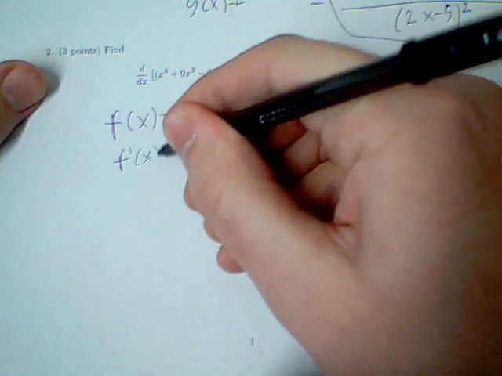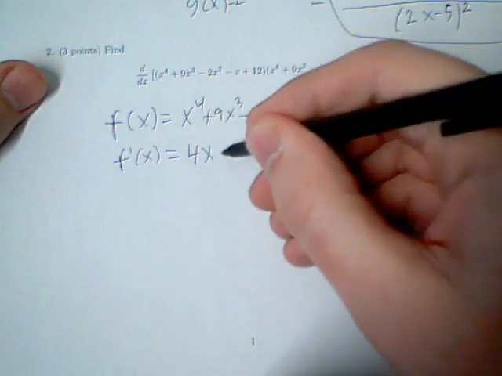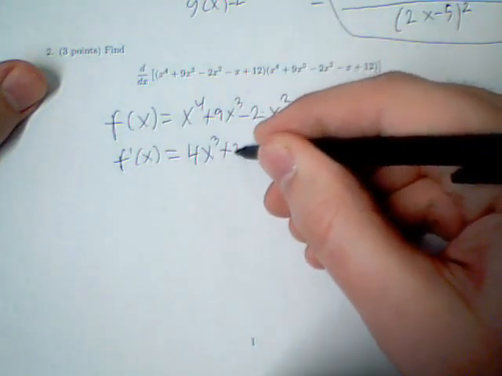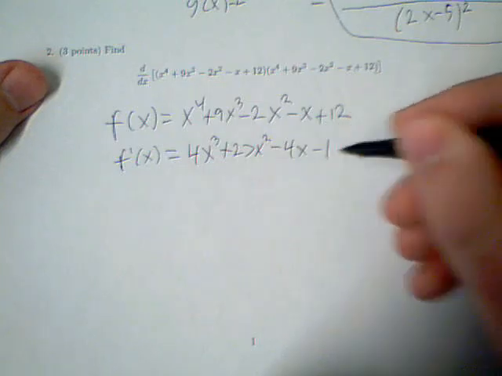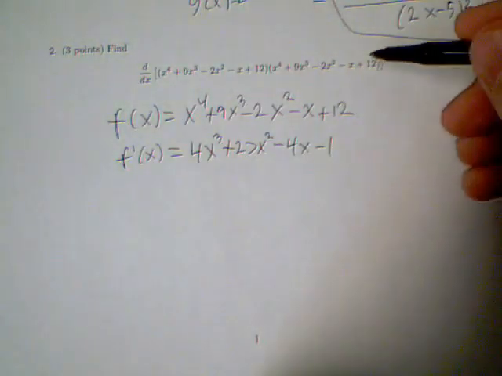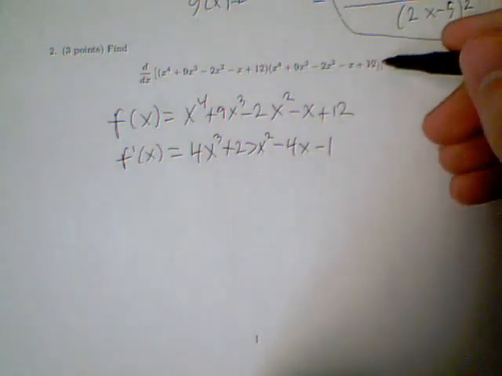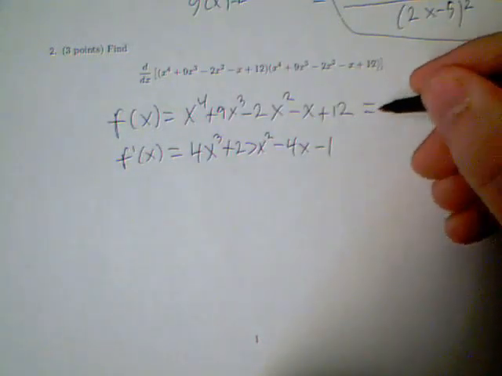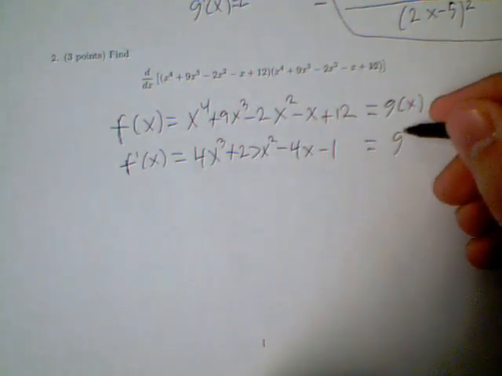The derivative is going to be 4x cubed plus 27x squared minus 4x minus 1. Okay. So now g is going to be the guy on the right here, but I'm going to notice, hey, that's the same thing. So I'm just going to save myself some ink. So that's g of x and that's g prime of x.